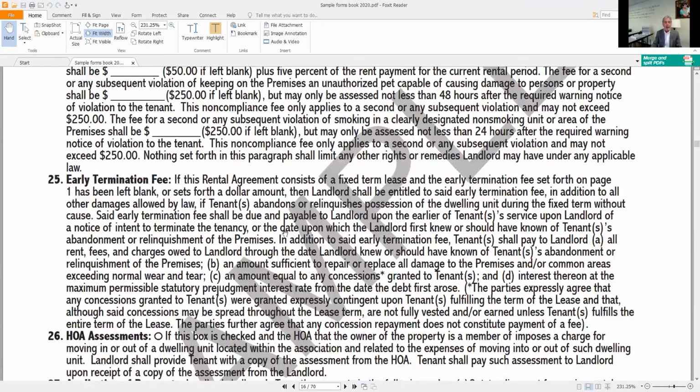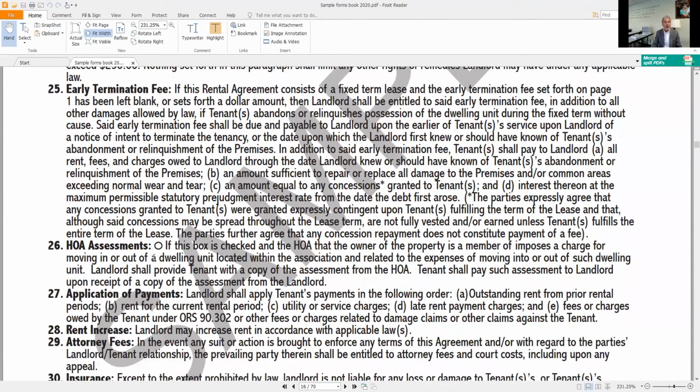And this is a further explanation of the early termination fee. And number 26 is HOA assessments. This was designed because if you, for example, rent a condominium and they have what's called an elevator fee, and these can go up to $600-800 for move-ins, and if it's handled properly, the landlord basically has to pay that fee, but that is something that can be billed back to the tenant.